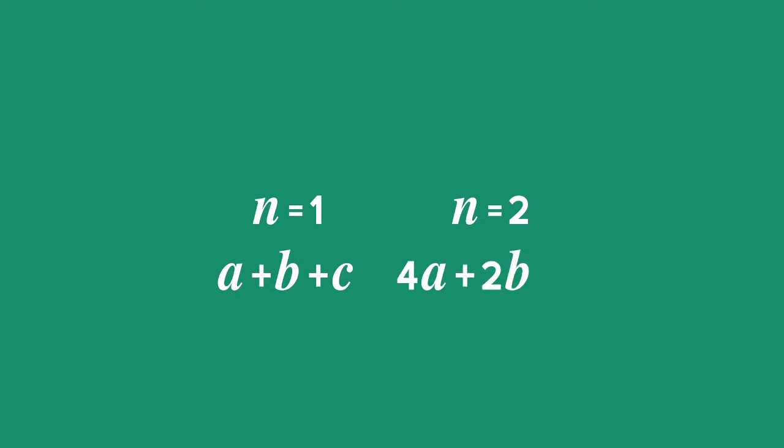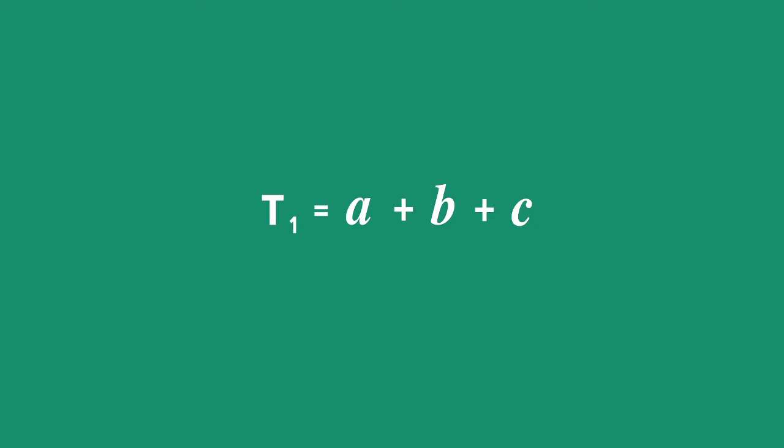When n is 1, the term in position 1 has the value a plus b plus c, and when n is 2, the term in second position has the value 4a plus 2b plus c. We can use that to solve simultaneously for b and c.